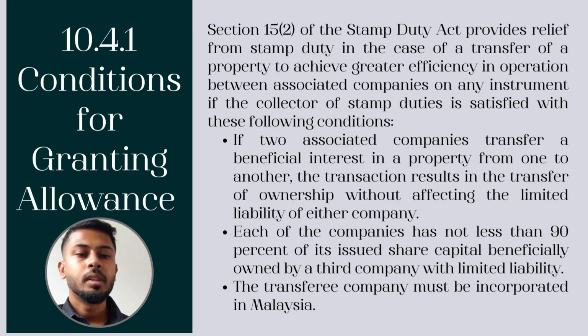If two associate companies transfer a beneficial interest in a property from one to another, the transaction results in the transfer of ownership without affecting the limited liability of their company. Each of the companies has not less than 90% of its issued share capital beneficially owned by a third company with limited liability. The transferee company must be incorporated in Malaysia.